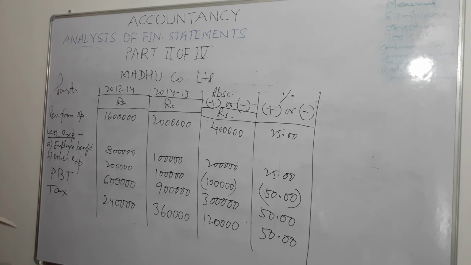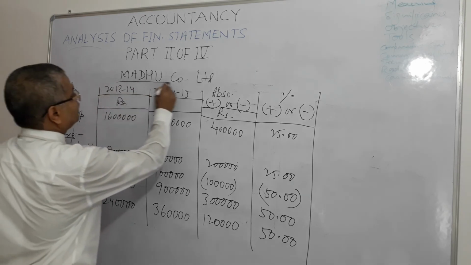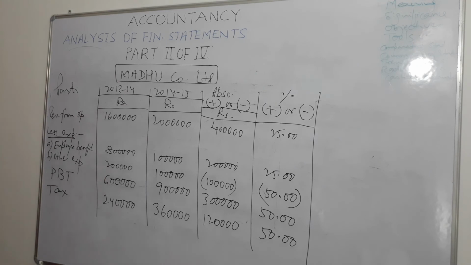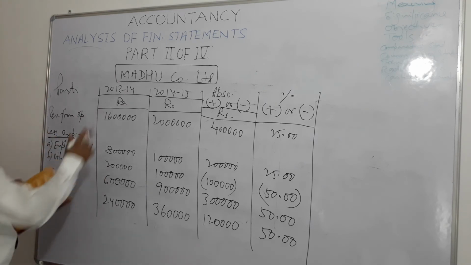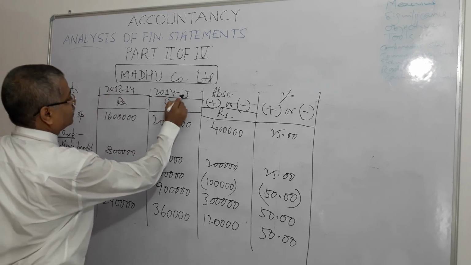So let us see again. From the following statement of profit and loss of Madhu Company Limited, we have prepared this comparative statement, and this comparative statement is of 13-14, 14-15, right?